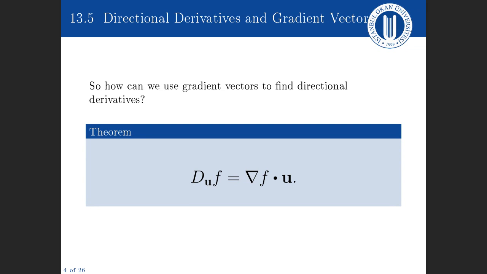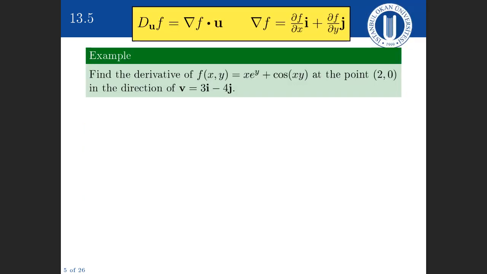And in practice, this is what we're going to be using. We're going to be calculating the gradient of a function. Nabla f is df dx i plus df dy j. And then we're going to do the dot product of the gradient vector with our unit vector u.